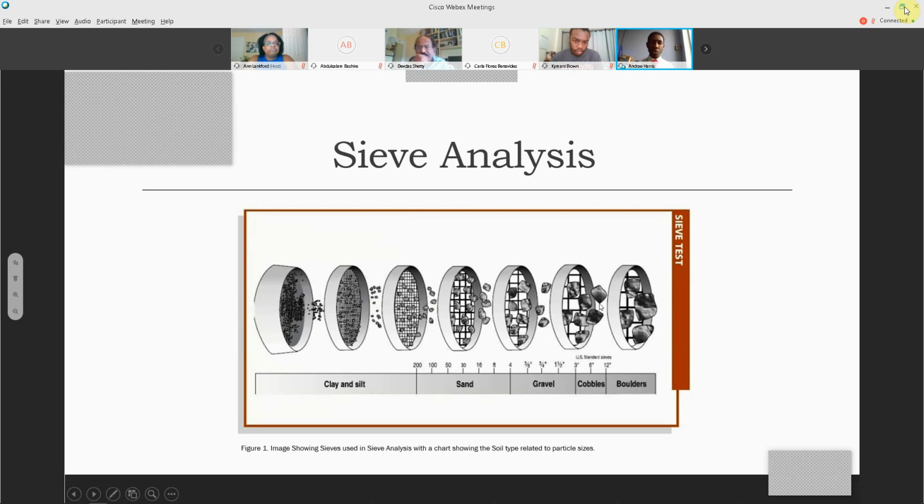As you go to your left, the sieves get smaller. For each square inch, the sieve number increases. For the first set, you can see it would be stopping boulders. As it gets smaller, it stops smaller and smaller particles. So this is what we will use to separate the particles according to their size, so we can further understand the type of material that we're working with here.